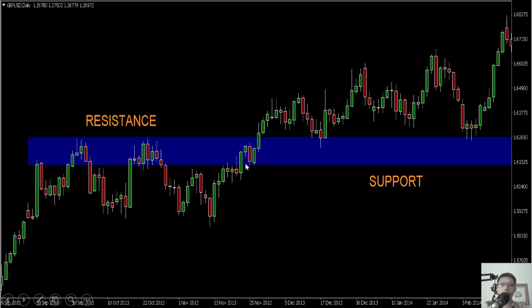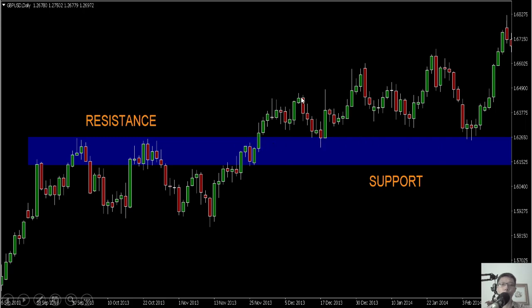But after buyers close above here, close above this high of resistance, price still goes up until this candle. And then we can mark this area, it will become support. Why does it become support?